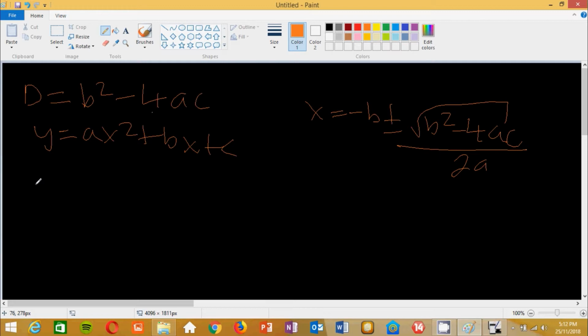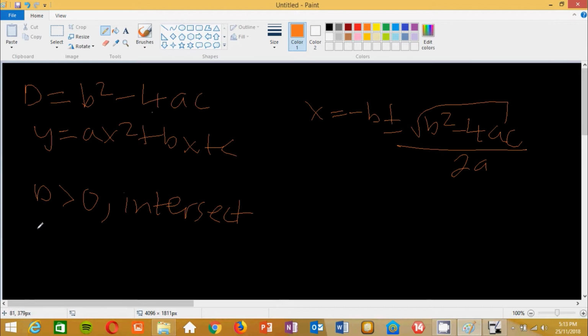The general rule is that if the discriminant D is greater than 0, then the curve will intersect. So if we take our quadratic expression and we calculate the discriminant of that quadratic expression, and we see that our answer is a positive answer, which is greater than 0, then we can deduce that that curve is going to intersect the x-axis at two distinct points.